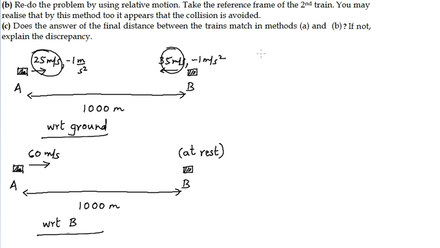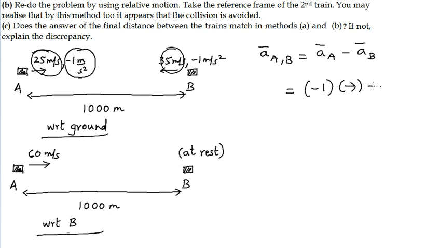In a similar manner, let us now evaluate the acceleration of A with respect to B. It's given by the acceleration of A measured in the ground frame minus the acceleration of B in the ground frame, which is going to be the acceleration of A in the ground frame, which is of course this. So I'll write minus 1 meter per second square in the rightward direction, minus the acceleration of B in the ground frame, which is given by this.